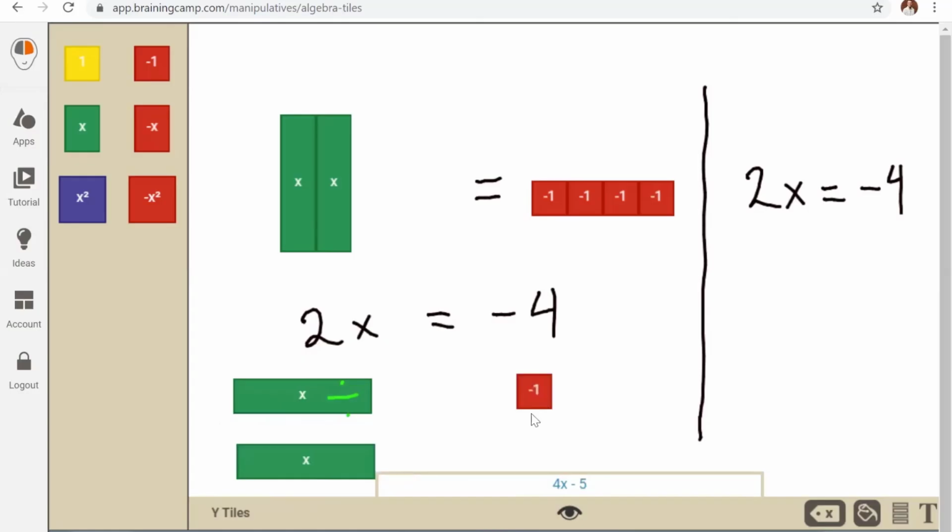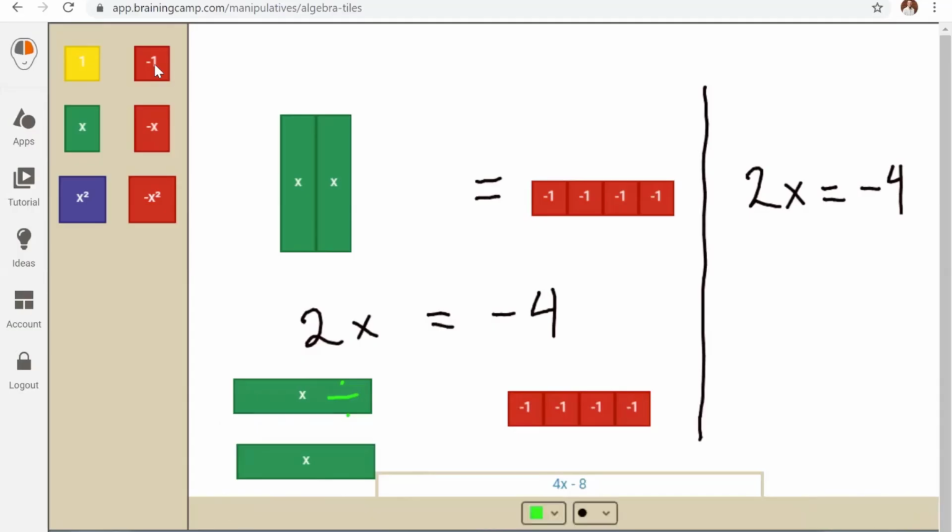Now, what we need to do is split the other side of our equation into 2 groups as well. So we can say that, I should change my color back to black here, and say that 2x is equal to -4. And we divided those x's into 2 groups.